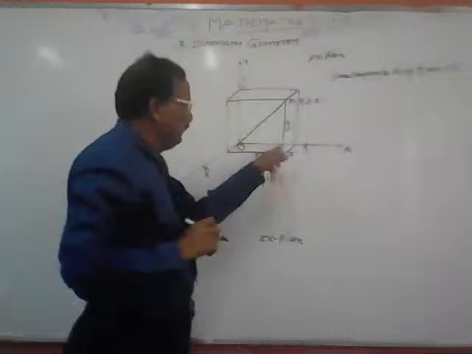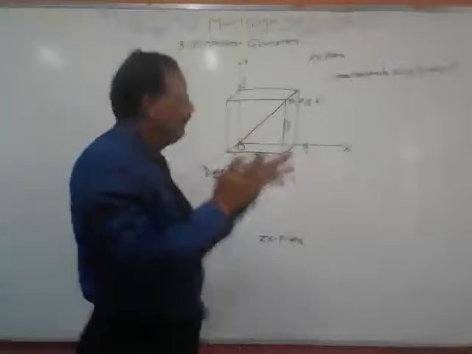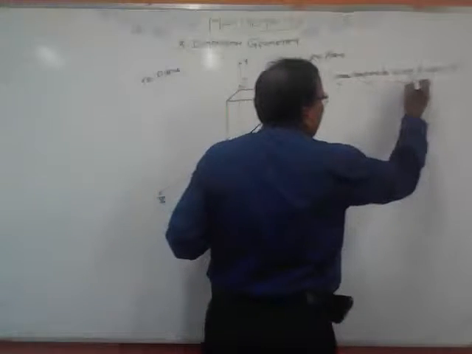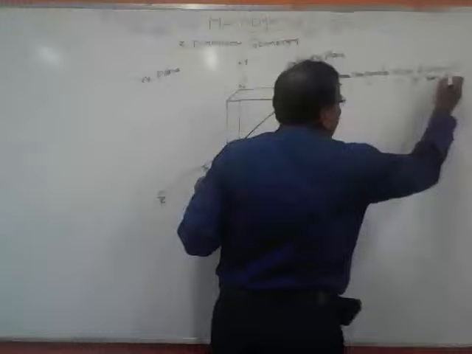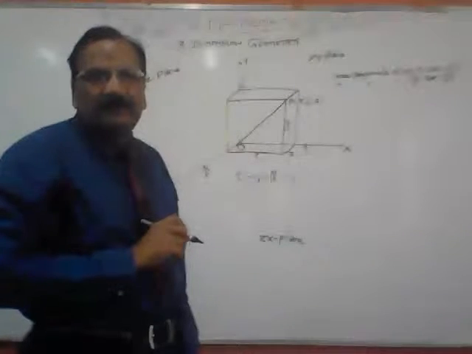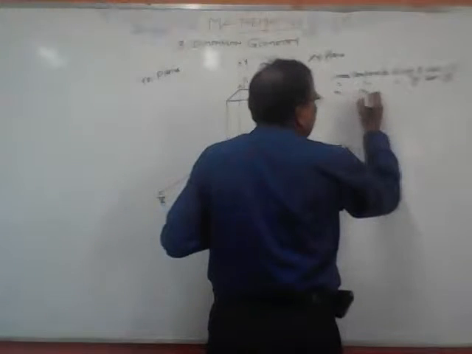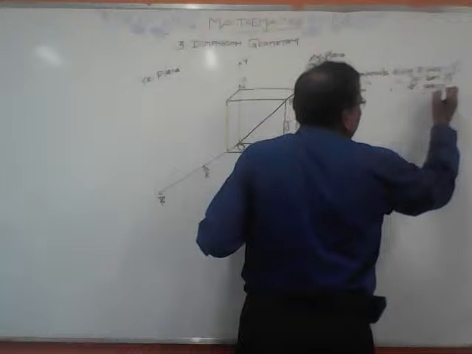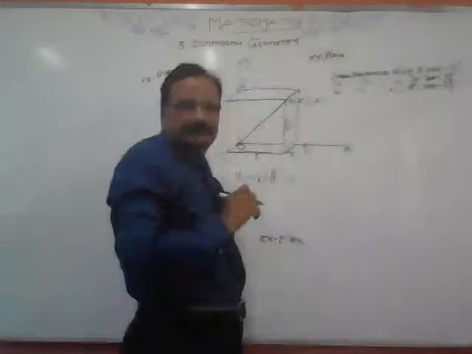X is the distance, so i is the unit vector. Same way, the linear component along the y-axis is equal to y j cap, and along the z-axis is equal to z k cap.